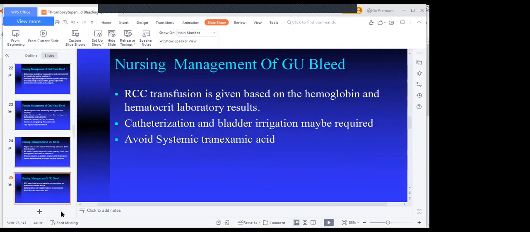For GU bleed, RBC transfusion is given based on the hemoglobin and hematocrit laboratory results. Catheterization and bladder irrigation may be required, and avoid systemic tranexamic acid.